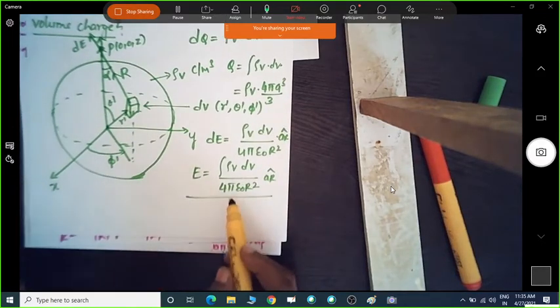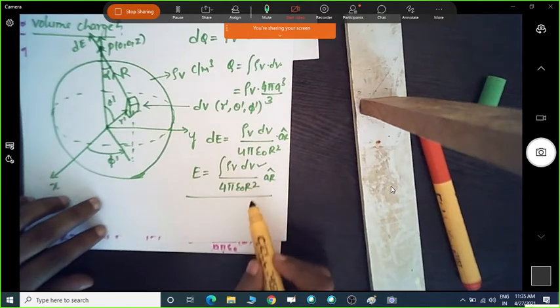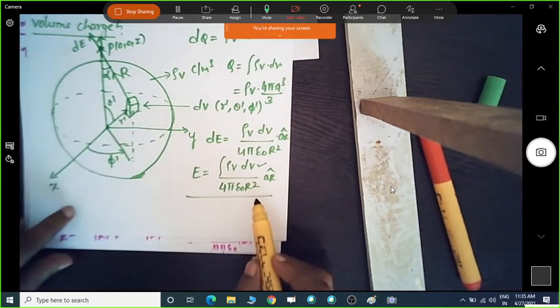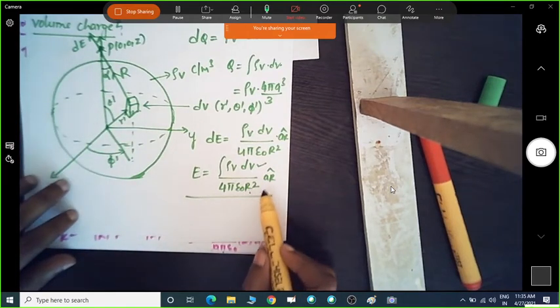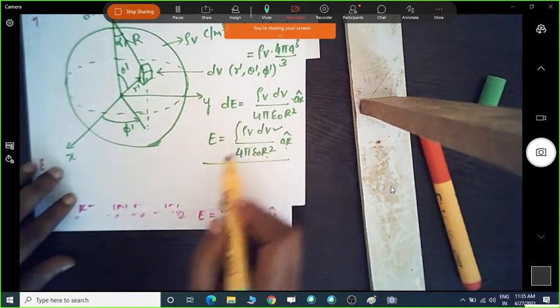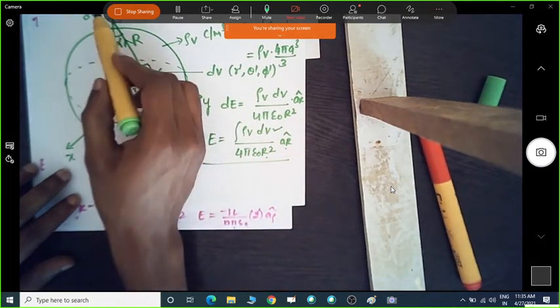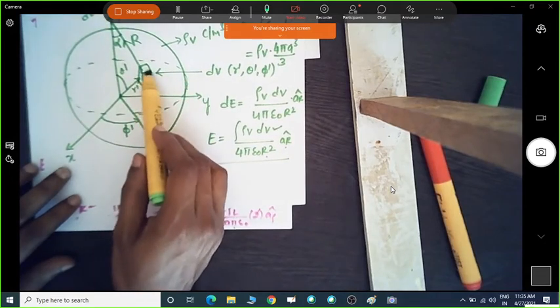Now we have to evaluate the elemental volume with respect to these spherical coordinates, and we have to evaluate r square and the unit vector ar. If we substitute all these values in this expression, we get the electric field due to the volume.